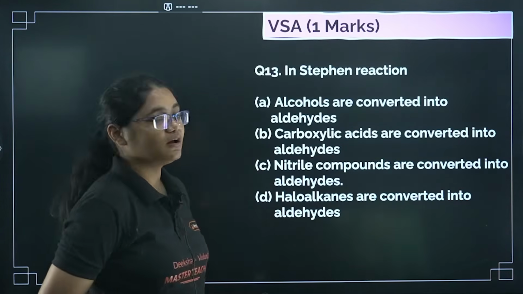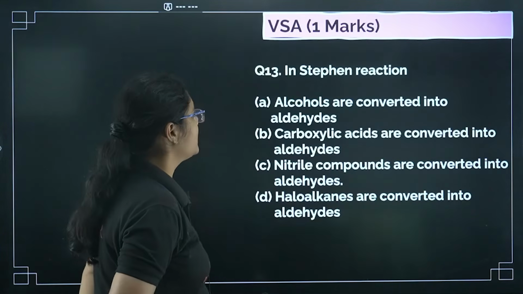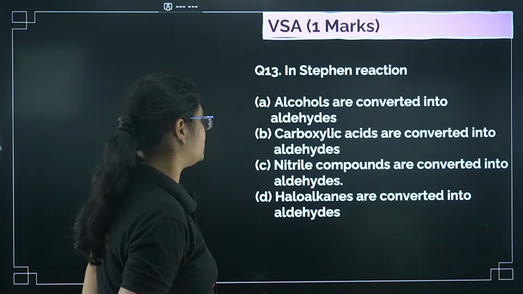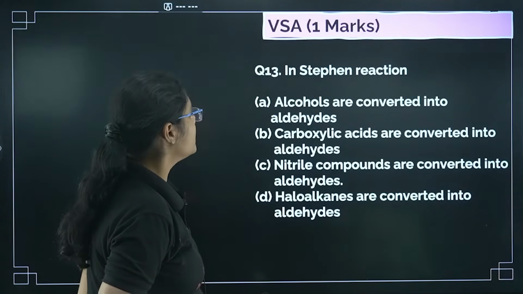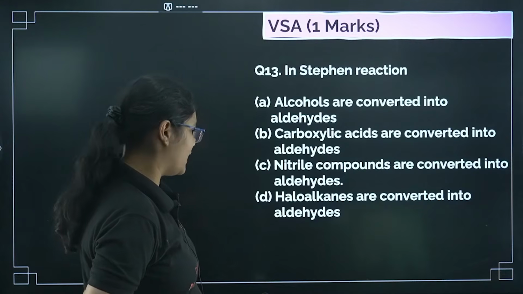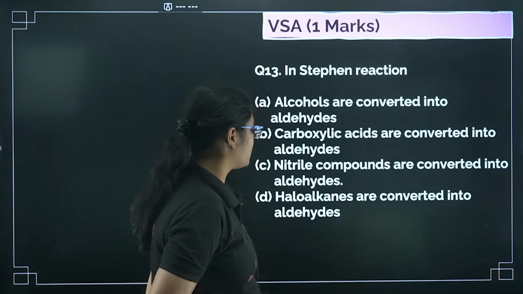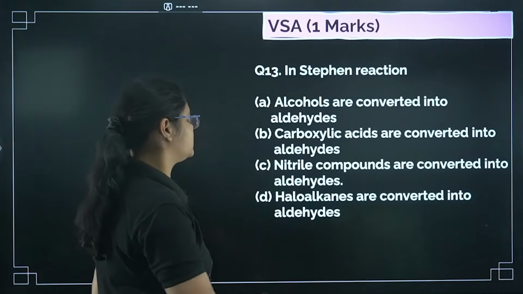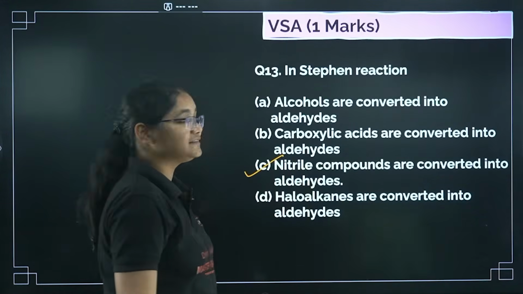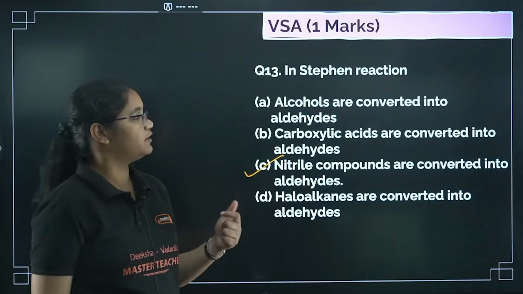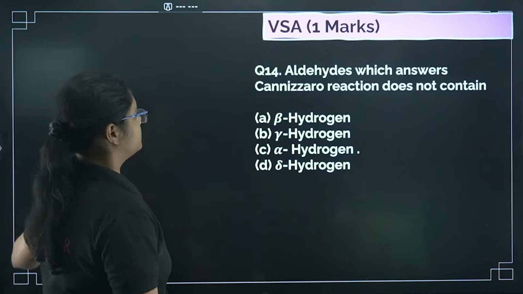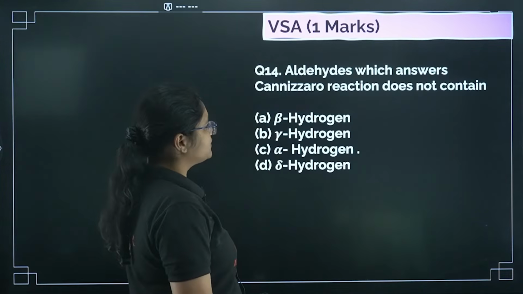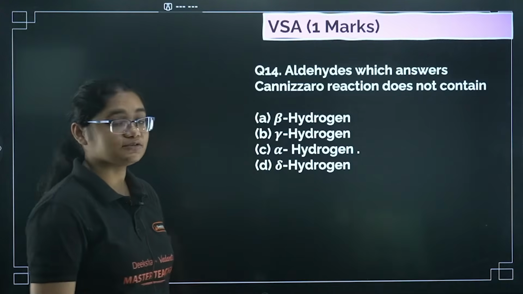Next, in Stephen reaction, nitriles are converted to aldehydes. It is the reaction where the nitrile, that is the cyano group, is converted. So Stephen reaction, option number C here. Next, aldehydes which answer Cannizzaro reaction do not contain.